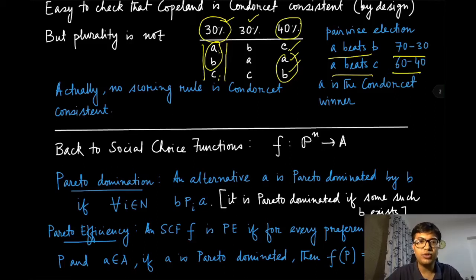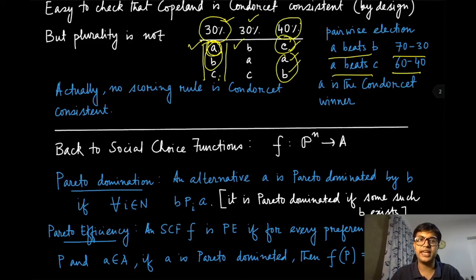Now, if you look at the plurality rule, plurality rule just looks at the topmost vote. So every voter is asked to cast their ballot for their most favorite candidate, and in that case, A will get only 30% of the vote, B will get 30% of the vote, C will get 40% of the vote, and therefore C is going to be the winner in plurality, which is not the Condorcet winner.